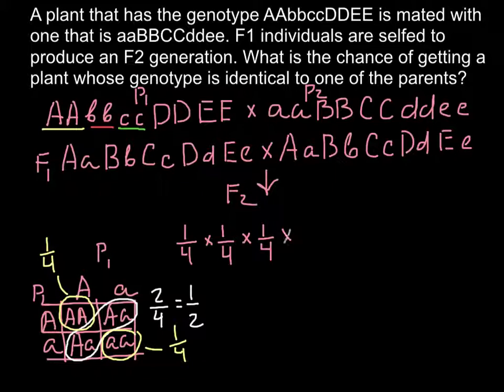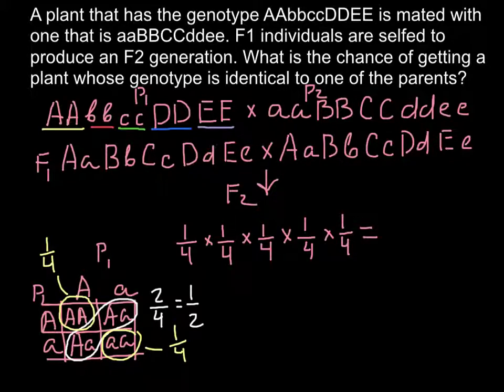This is the chance that the third allelic pair would be homozygous recessive. And what is the chance that the next pair would be homozygous dominant? This is going to be 1/4 once again. So 1/4 for the fourth allelic pair to be homozygous dominant. And what is the chance for the last pair to be homozygous dominant once again? As you see, the chance is the same, so 1/4.